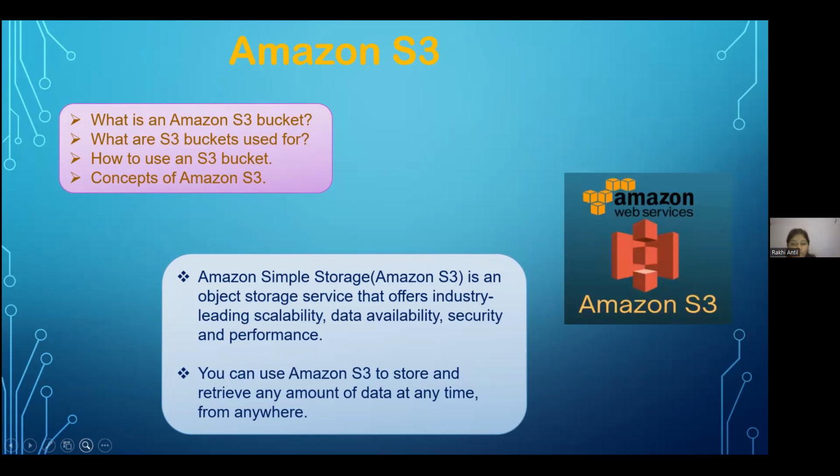So how to use an S3 bucket? First you create a bucket in an AWS region of your choice and give it a globally unique bucket name. It is known that an Amazon S3 bucket name is globally unique, which means that buckets in any two AWS regions or two AWS accounts cannot have the same name.